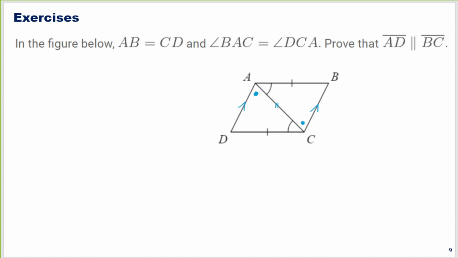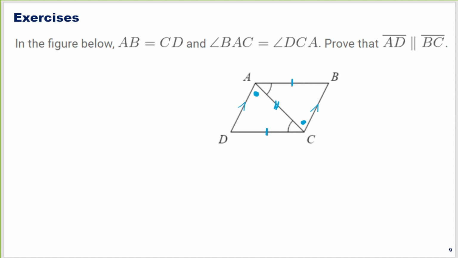Note that triangle ABC and triangle ADC share the same side here, and also AB equals DC, and the angles in between, BAC equals DCA, are also equal, right? So basically we can prove triangle ABC is congruent with triangle CDA. Therefore, the corresponding parts are also congruent, so you can prove this angle equals that angle, right?